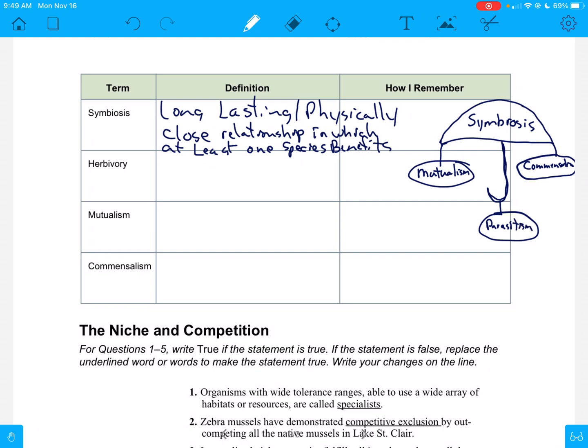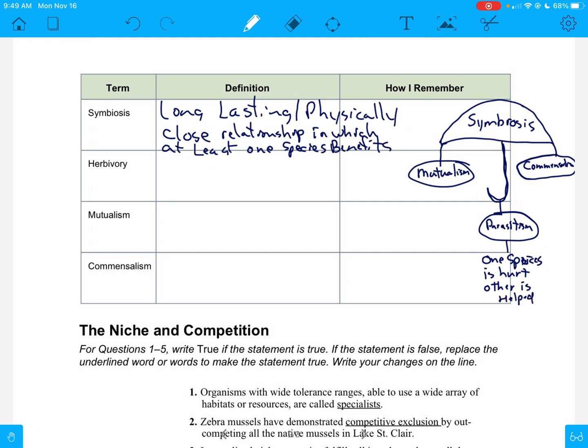Okay, so in parasitism, one species is hurt. Okay, the other is helped.